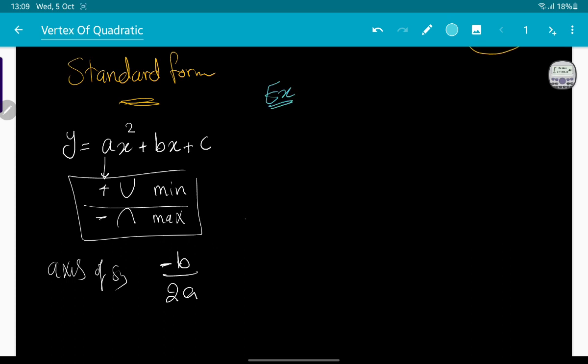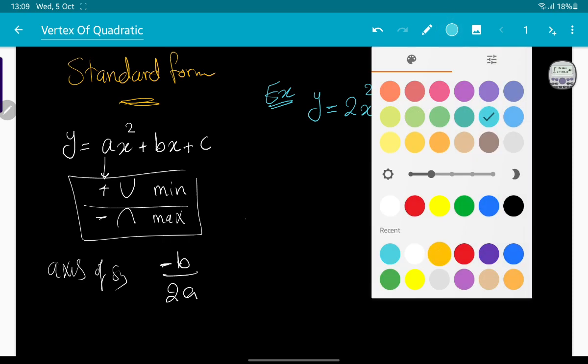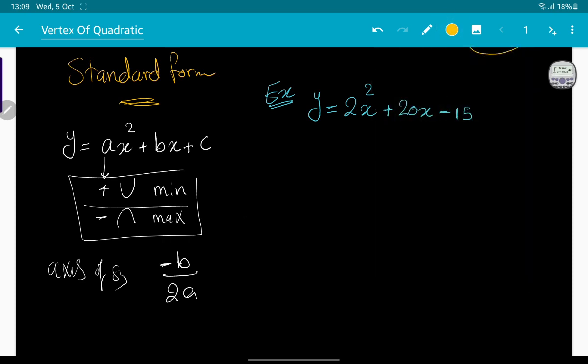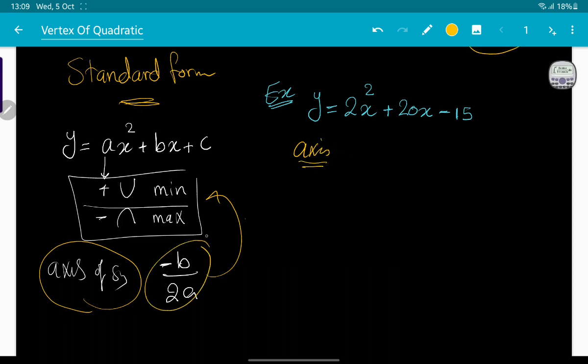The first example, y equals, for example, 2x squared plus 20x minus 15. You will use the following steps to find the axis of symmetry, number one, then to find the minimum or maximum. So we start first with the axis of symmetry. How to find it? You can use the formula negative b over 2a.